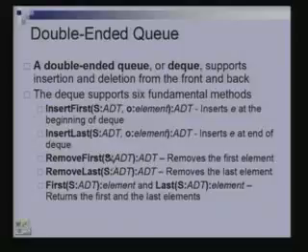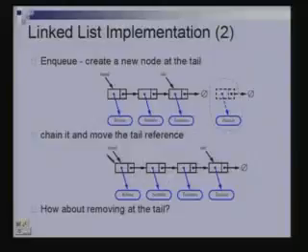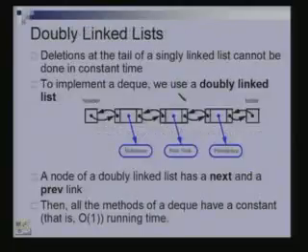And as you can see, a singly linked list is not a good idea to implement such a double-ended queue. Why? Because as I have said repeatedly, we cannot remove the element at the tail, or it is expensive to do this. So, what is a good solution to this problem? We are going to use what are called doubly linked lists to implement double-ended queues. So, first, what is a doubly linked list?